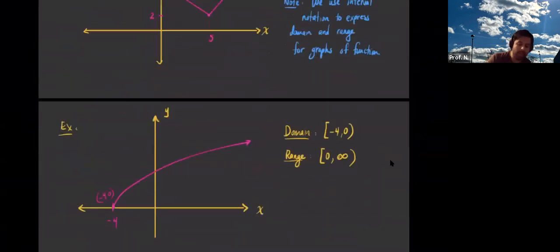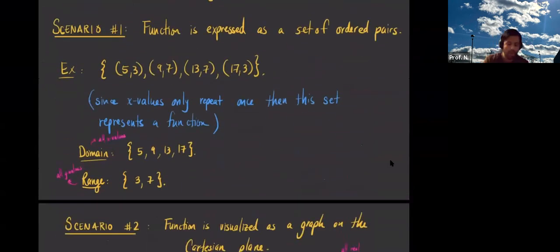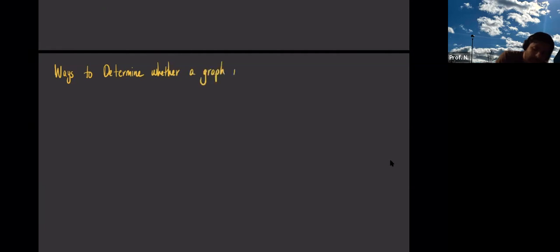Okay, so that's how you find the domain and range of a function if you have set ordered pairs, or if you have a graph of a certain function. Okay, now I'm going to say let's look at ways to determine whether a graph is a function or not.